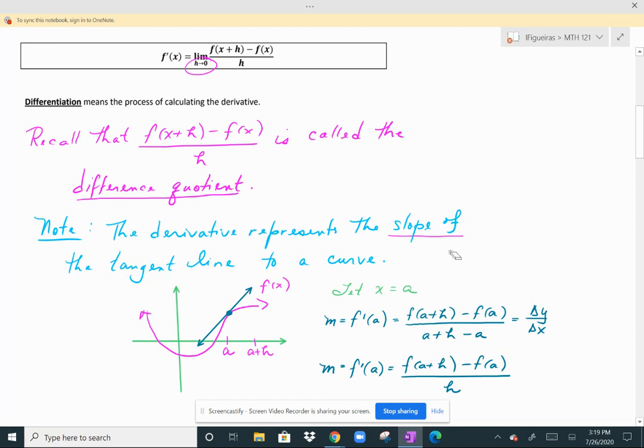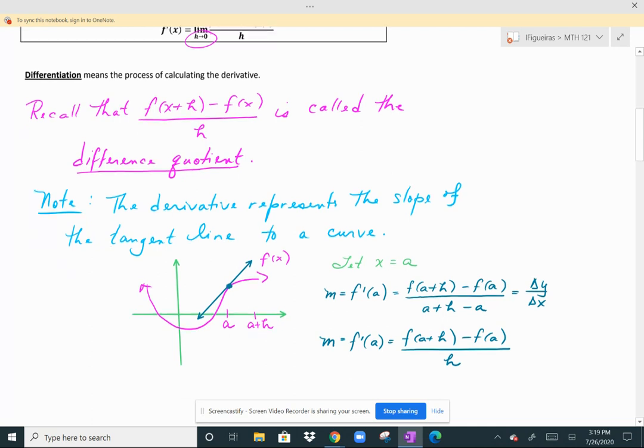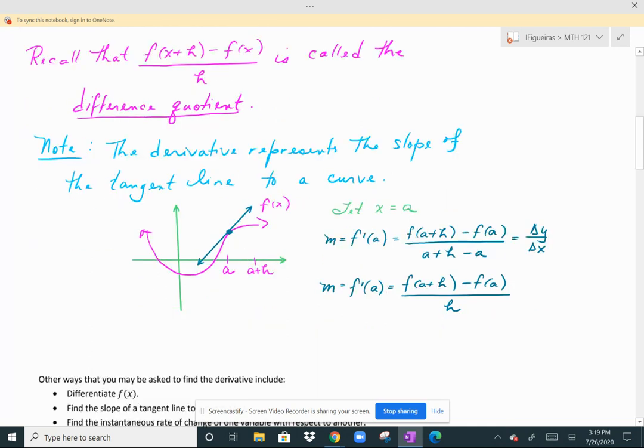So here, if I explain this graphically, if I wanted to know what the slope is on the curve from a to a plus h, well, a is this blue line that you see here, and a plus h is this other point here. If I wanted to know the slope of the line between these 2 points, that would actually be a secant line, because it would intersect the graph at 2 points. And I would compute that by just taking my difference quotient.